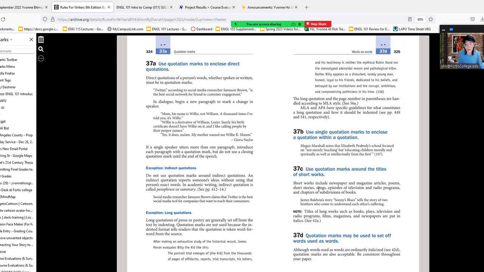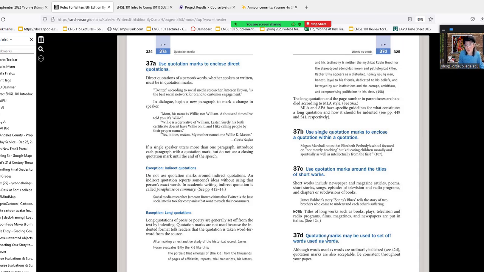So if it's a short title, you put it in quotation marks. If it's a long title, you put it in italics. That's what they're trying to say.